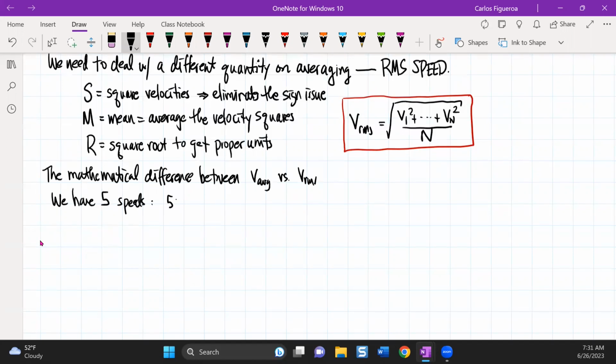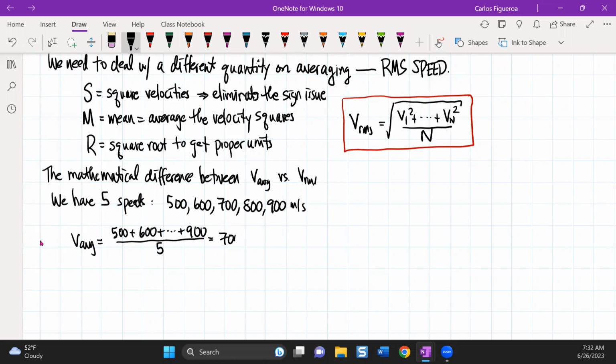So we have 500, 600, 700, 800, 900. These are five speeds. Right away, you could see that the middle is 700 meters per second. But let's calculate it nonetheless. If I look at V average, I have to add all of these up: 500 plus 600, all the way to 900. Because there's 5 of them, we get 700 meters per second for the average speed.